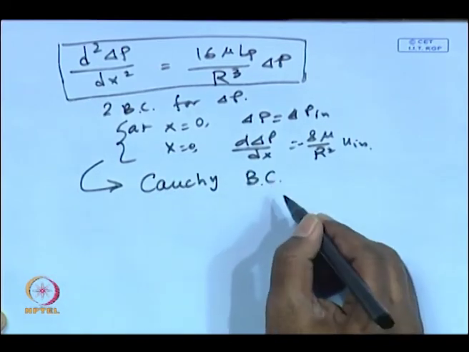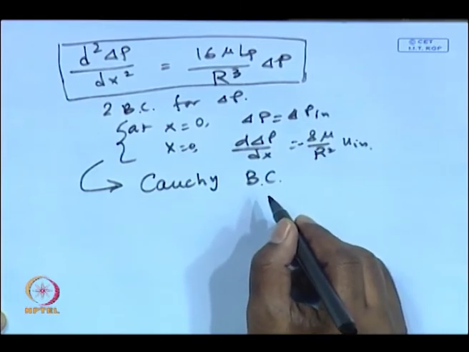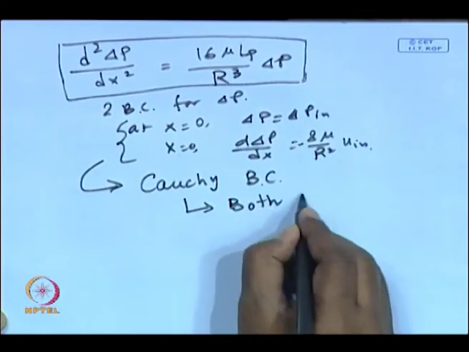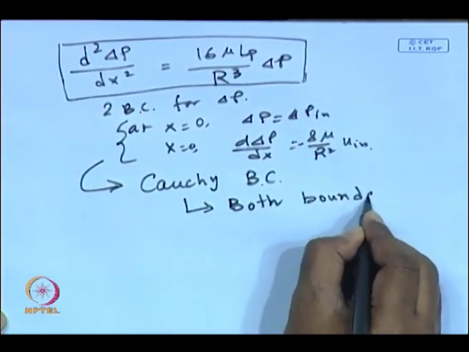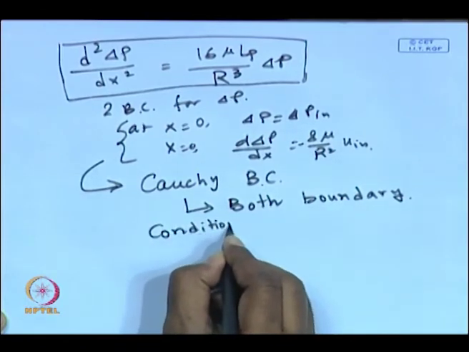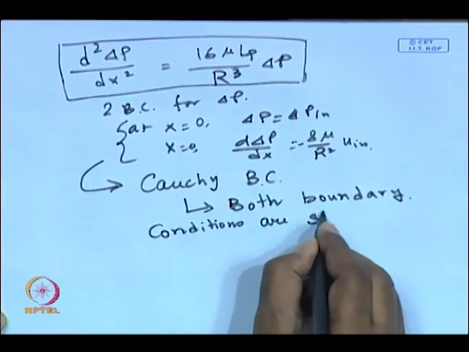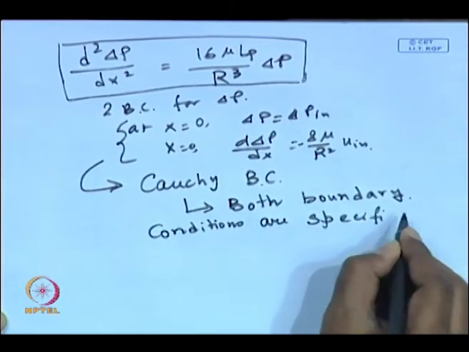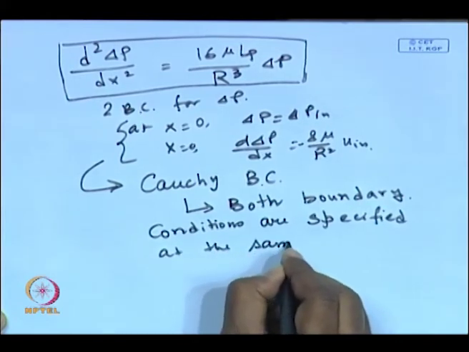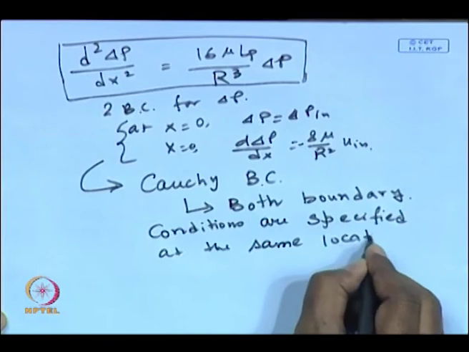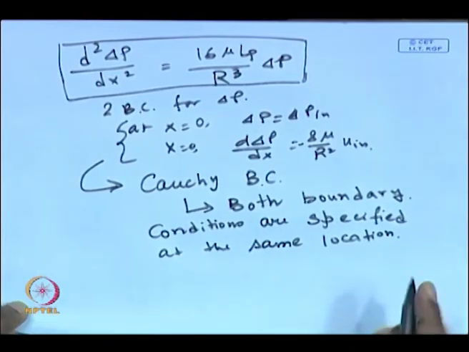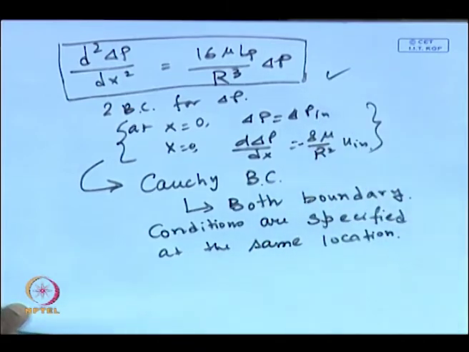Cauchy boundary conditions are basically where both conditions are specified at the same location.